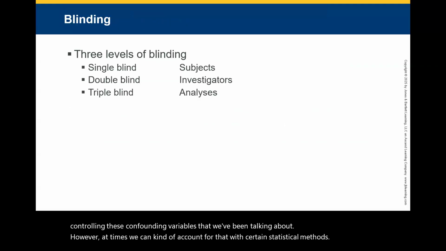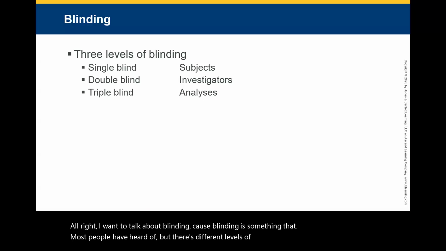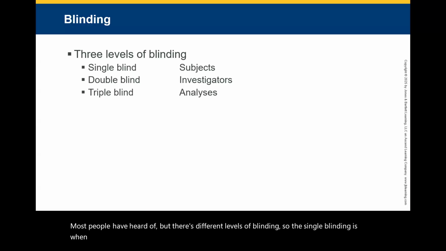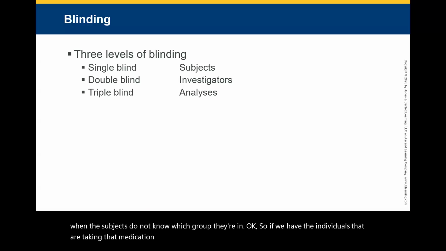All right. I want to talk about blinding, because blinding is something that most people have heard of, but there's different levels of blinding. So the single blinding is when the subjects do not know which group they're in. Okay, so if we have the individuals that are taking that medication that I talked about, we have our control group, which is getting a placebo.